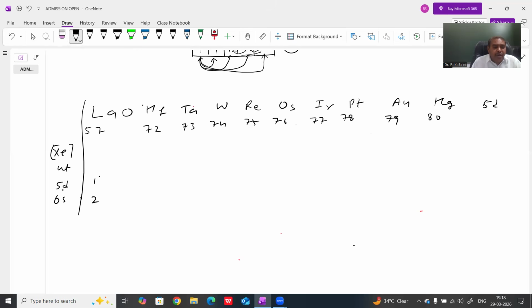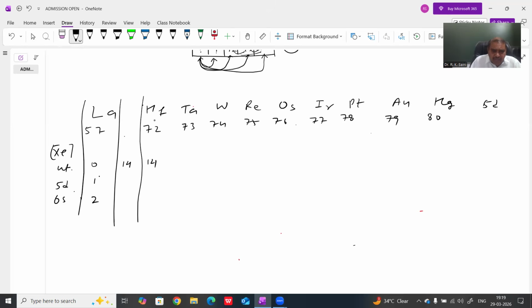But exceptionally the electron enters into 5d, and hence lanthanum is an element of the d block series, with no electron in f. Then 14 electrons enter into the 4f orbitals. After the 4f orbitals are complete, electrons enter into 5d again.